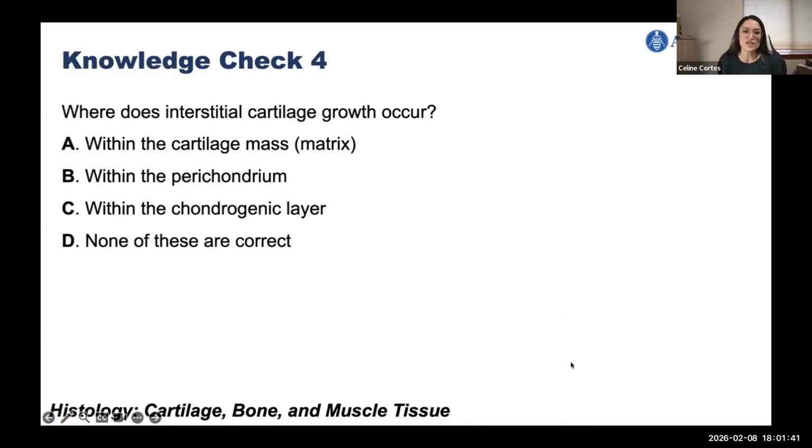Where does interstitial cartilage growth occur? Okay, let's go ahead and talk about this one.